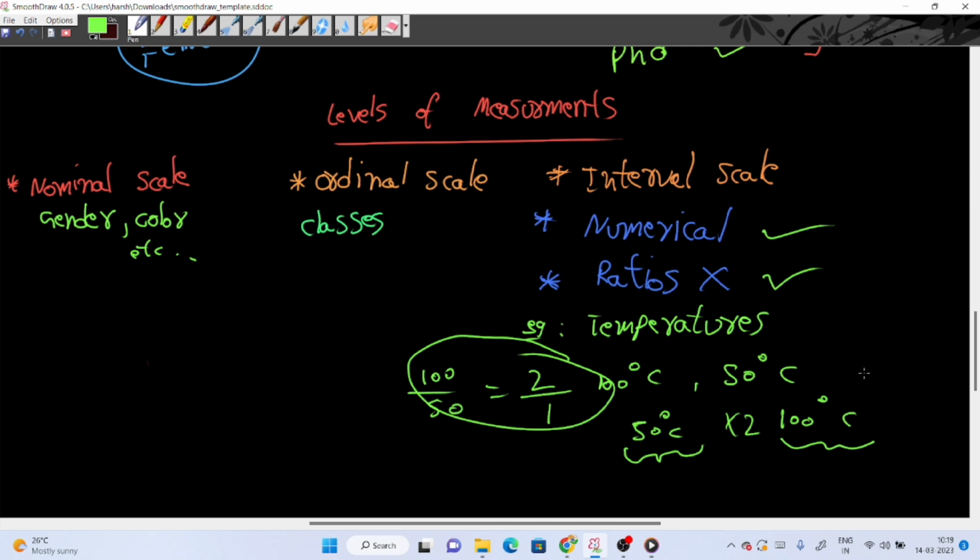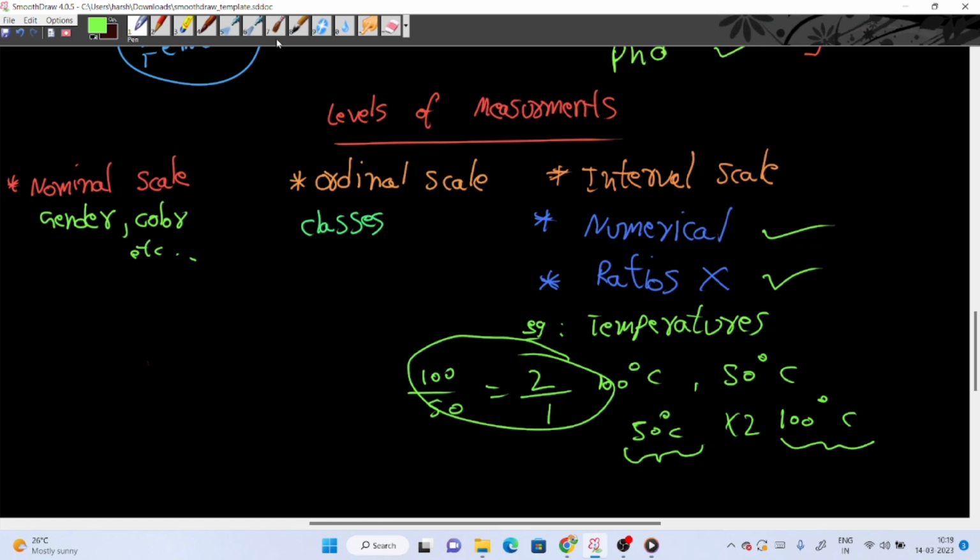It is just a measurement given by a thermometer, but it can't be taken as a ratio. So that's why we can't consider temperature examples as ratios.